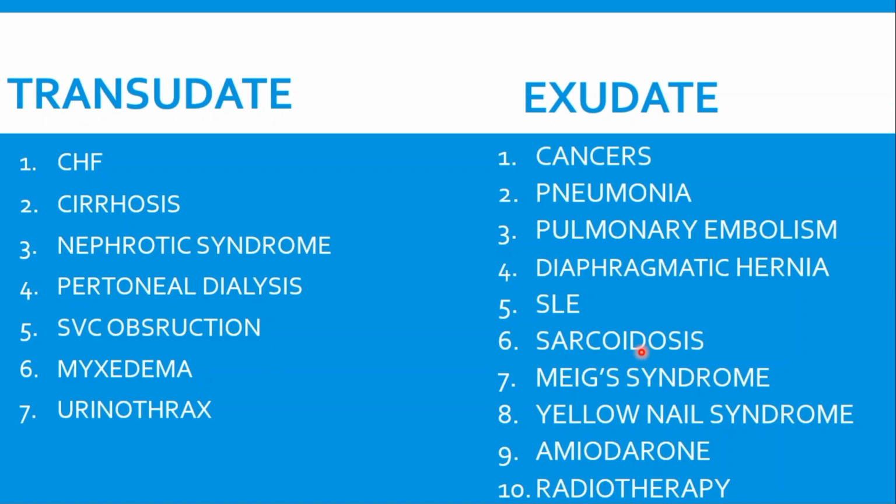If you see SLE, it is an autoimmune disease, so the antibodies can go and attack the capillaries of the lungs, causing effusion. Sarcoidosis, Meigs syndrome, which you can read about in obstetrics and gynecology, yellow nail syndrome, and the drug amiodarone and radiotherapy. All these can damage the capillaries, causing exudative pleural effusion.